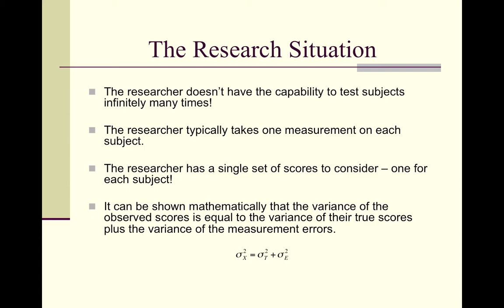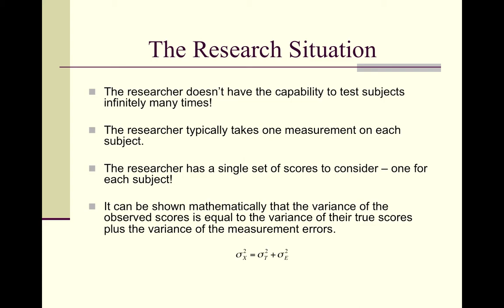So in a research situation, the researcher doesn't have the capability to test subjects infinitely many times, for obvious reasons. Typically in research, we take one measurement on each subject. Now, you might be thinking, back in quantitative measures we talked about repeated measures, and we do. But I'm talking about just taking one measurement on the person.